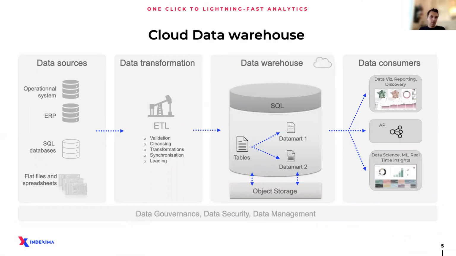So the first trend is the cloud data warehouse. In summary, we could say that this architecture is exactly the same as the on-premise architecture, but on a much larger scale. Thanks to an excellent horizontal scalability, elasticity made possible by the separation of the storage layer and the compute layer, the actors of cloud data warehouse allow a very large volume of data to be transferred to the data warehouse.